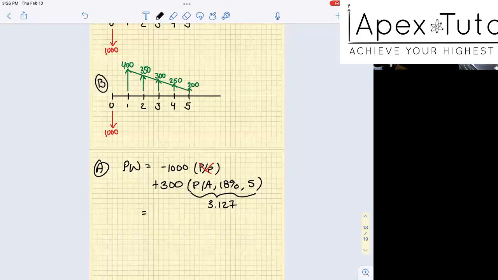Negative 61.9. Yeah, negative $61.90. Questions about how we got that?